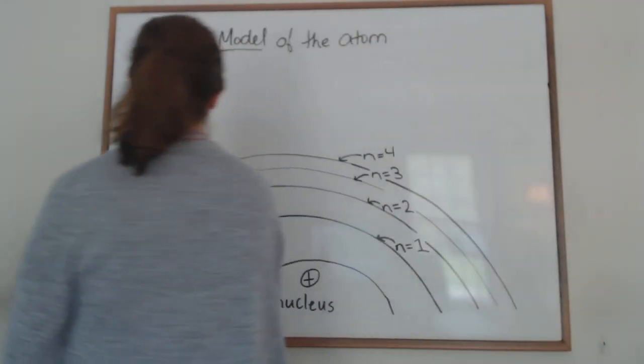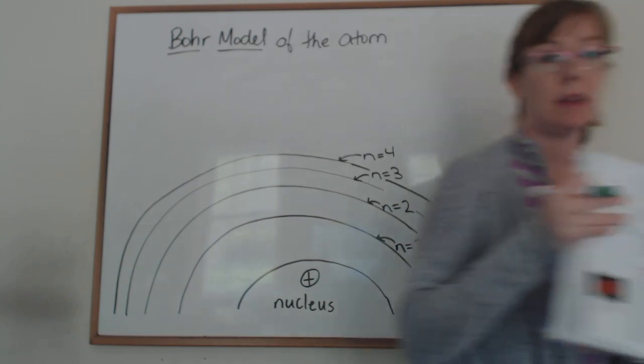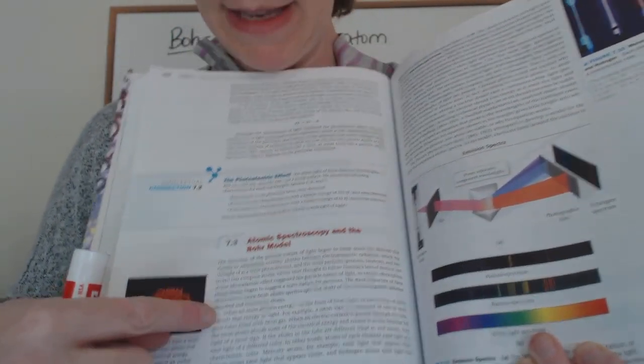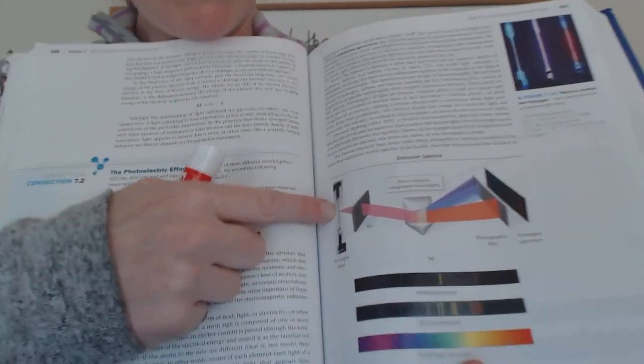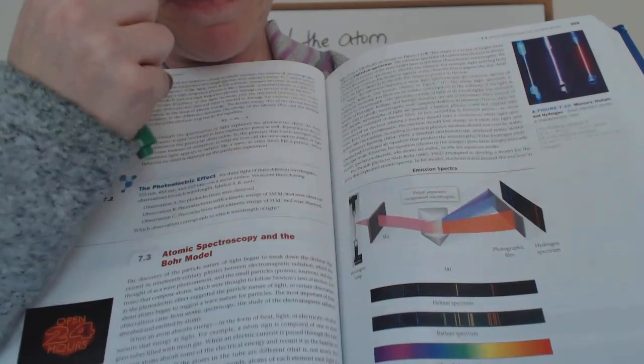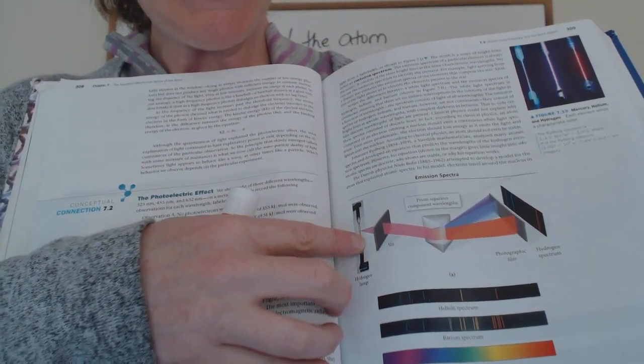Remember, he is trying to explain atomic spectroscopy. This is all trying to explain this phenomenon here. Why is it that when we expose hydrogen atoms to energy, in this case in the form of electricity, they always take in that energy, but always re-emit it as a color?